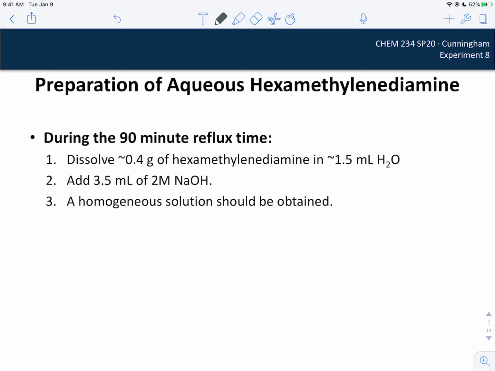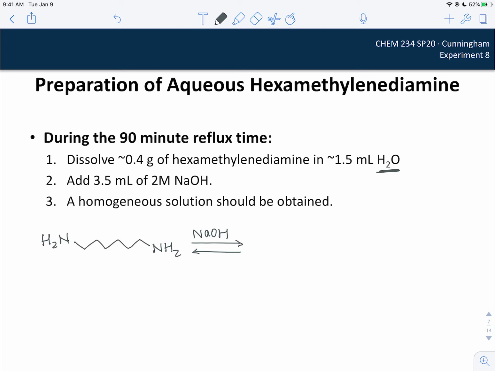And so this is one part of our reaction where we don't necessarily have to worry about water because we have water present. But one thing that I do want you to think about and consider is that we are taking this hexamethylene diamine and we're mixing it with sodium hydroxide.